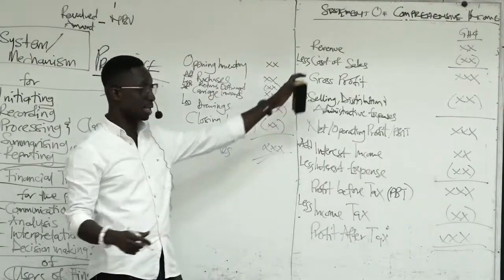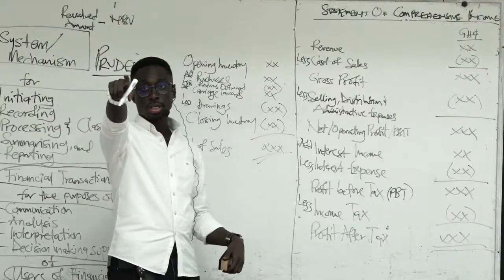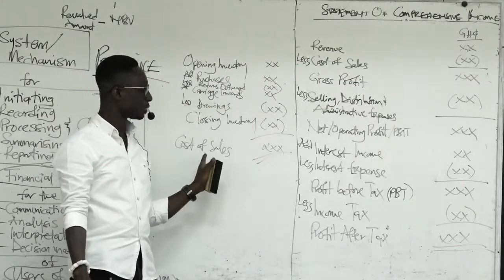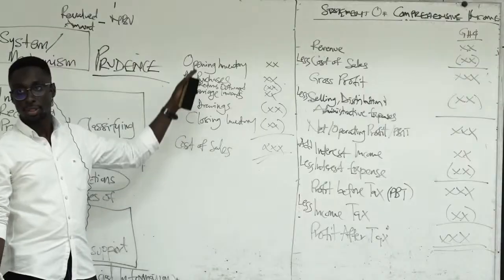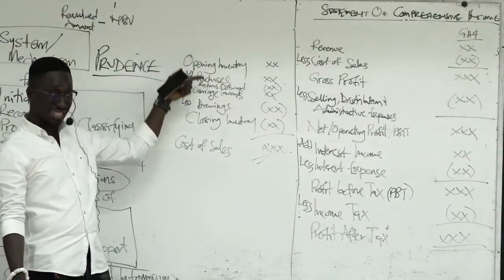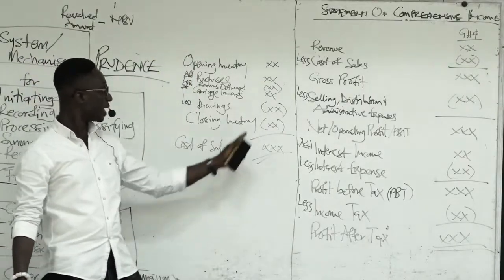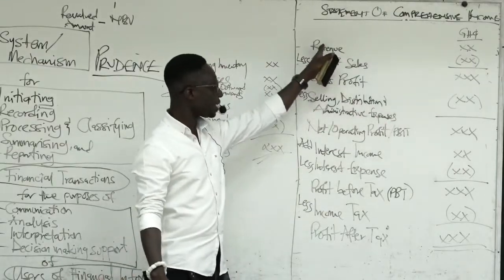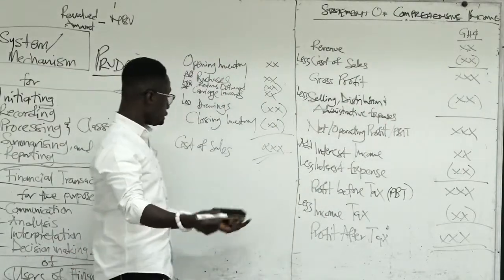For something like revenue, and I'm happy you speak about revenue. He had spoken about the cost of sales. And you see, cost of sales is this detailed to get this single line. Revenue too.